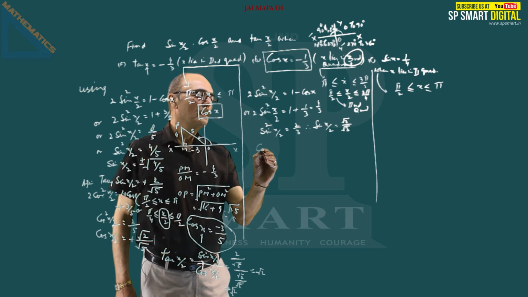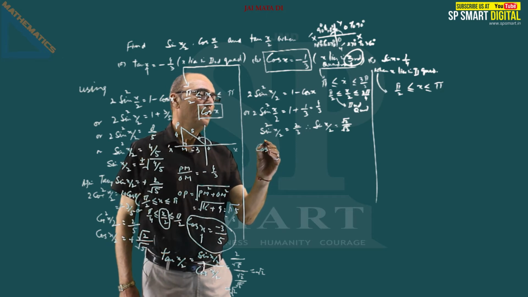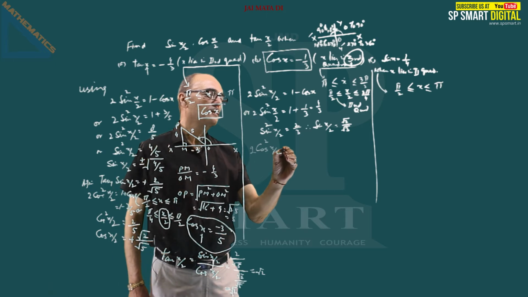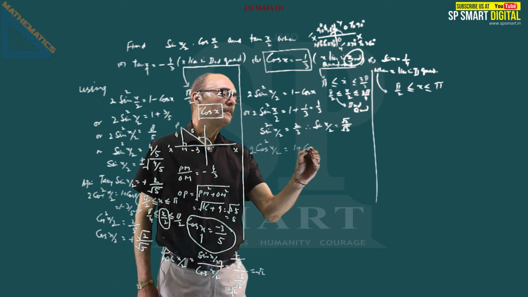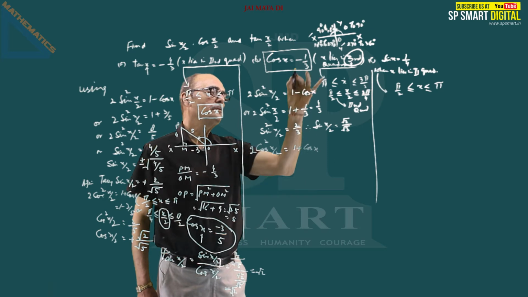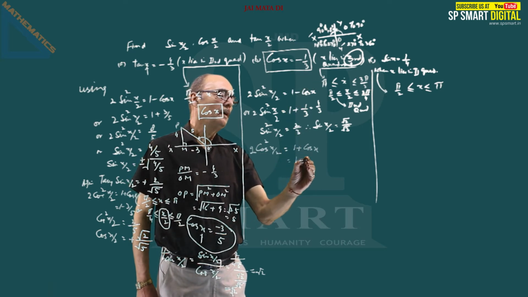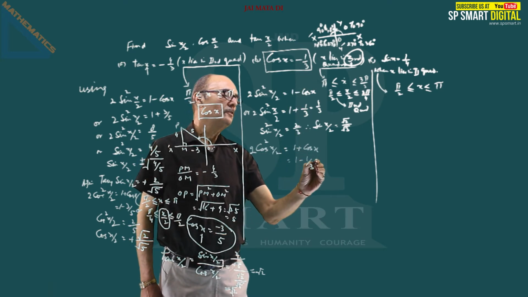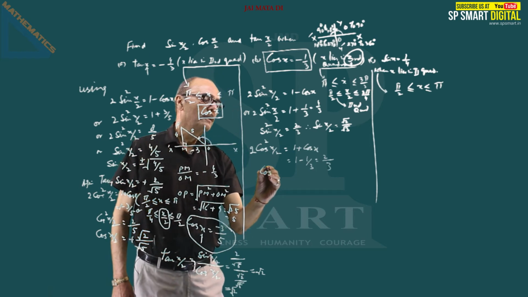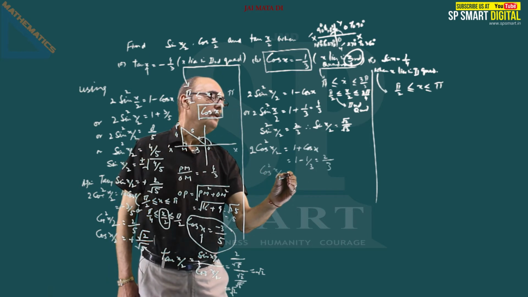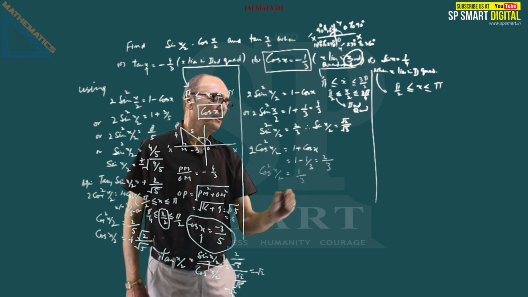Now, cos square x by 2, twice of this equal to 1 plus cos of x. Cos x is minus 1 by 3, and this is 2 by 3, or cos square x by 2 equals 1 by 3.